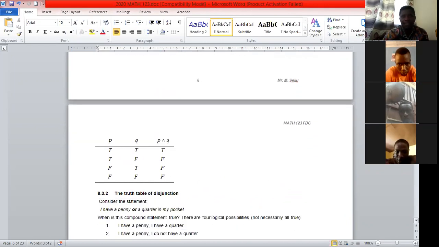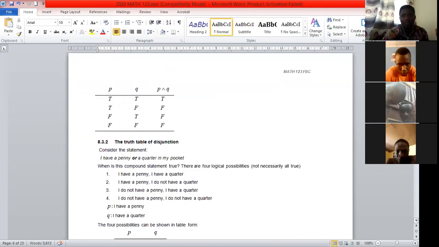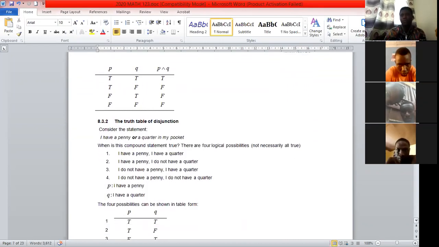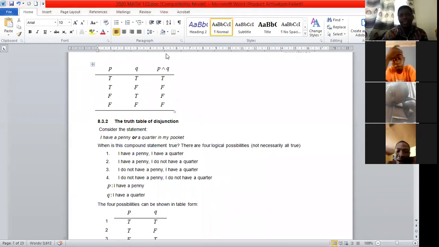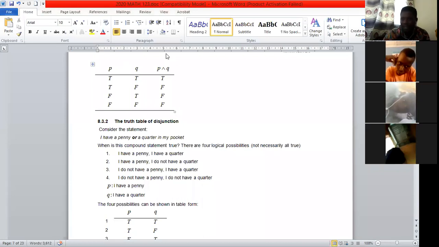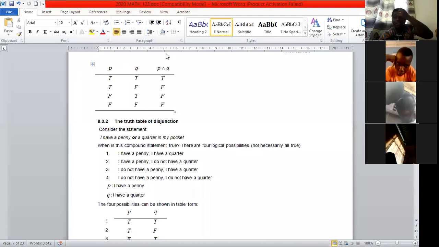Now, let's see the complex aspect of the work here, or the most interesting aspect. Now, remember the possibilities of a compound statement. We have said there are 4 possibilities of a compound statement. The possibilities may involve a multiple statement, more than 2 simple statements.